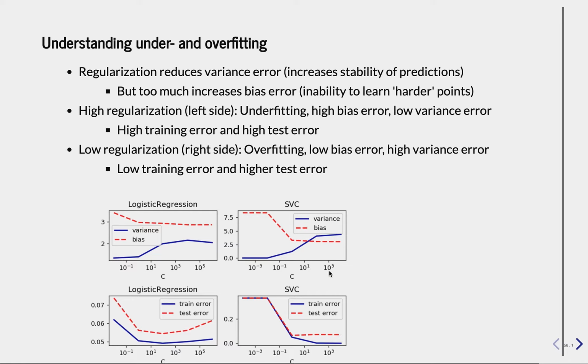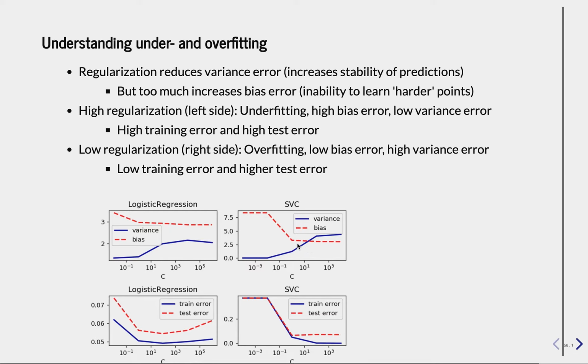Now, if we increase our regularization, effectively it reduces the variance without changing the bias initially, right? So we see as we decrease C, as we regularize our model, the variance error goes down, and that's why our total error goes down as well.